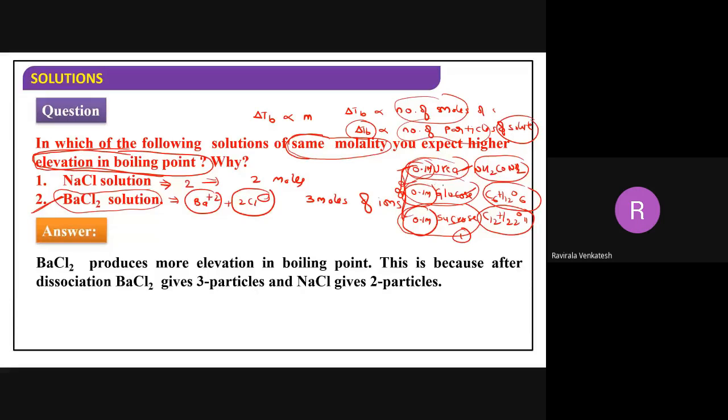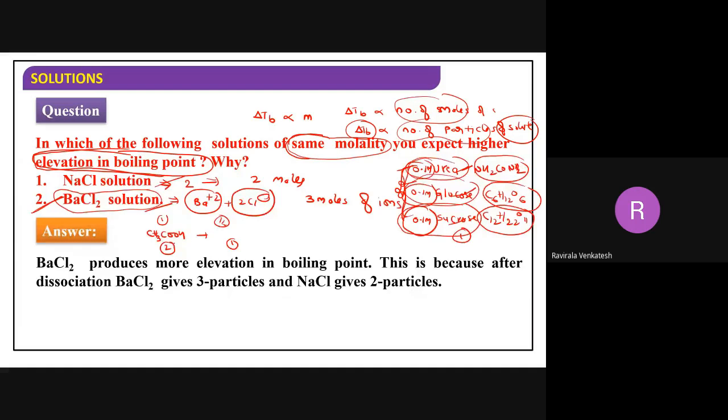So what we have to identify here is whether the solute particles present in the solution dissociate or associate. Here it will dissociate to give 2 ions. Here it will dissociate to give 3 ions. For example, acetic acid, I told you, will undergo dimerization, correct or not? 2 molecules will form 1 molecule.